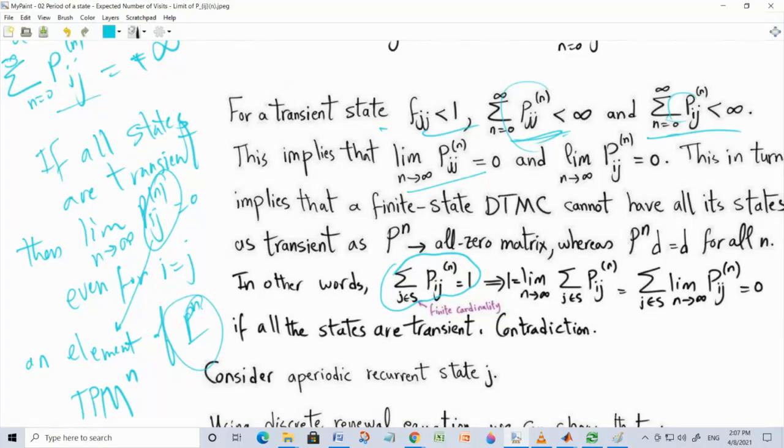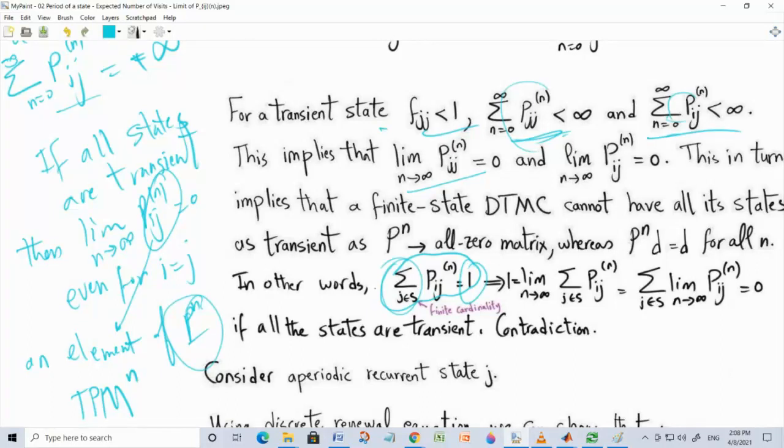Now take the limit of both sides as n goes to infinity. Now the limit of 1 is 1. And now if the state space is finite, then we have a finite number of terms in this sum. And the limit operation is a linear operation.